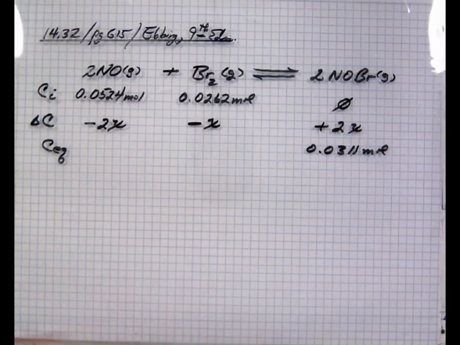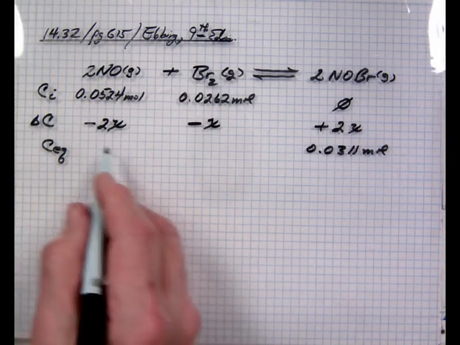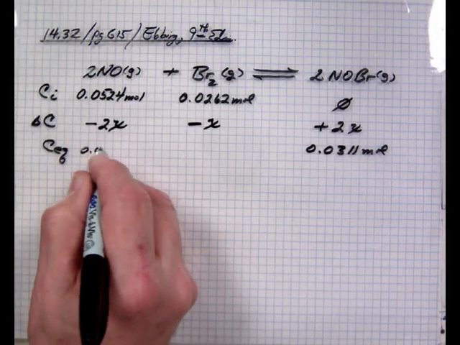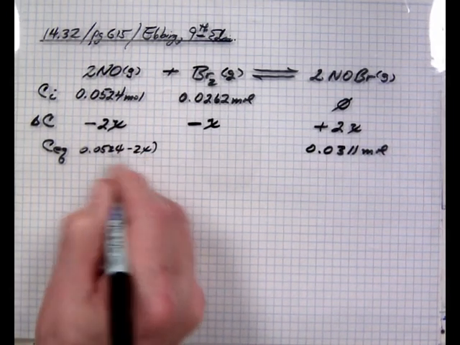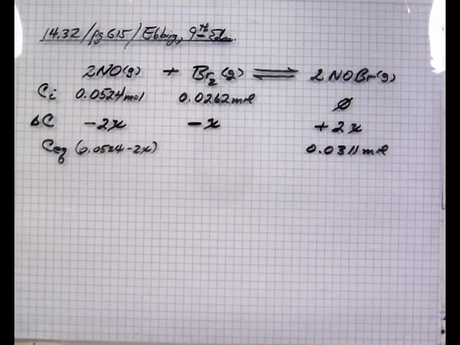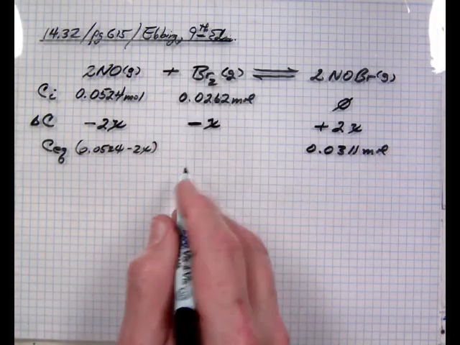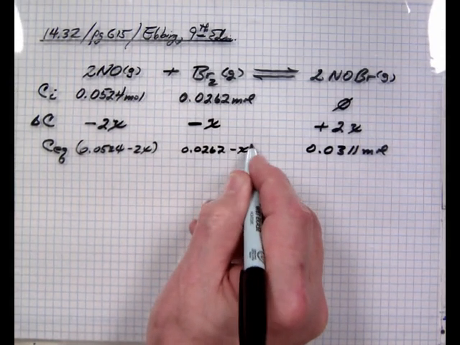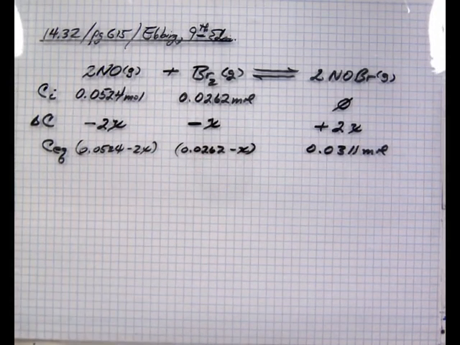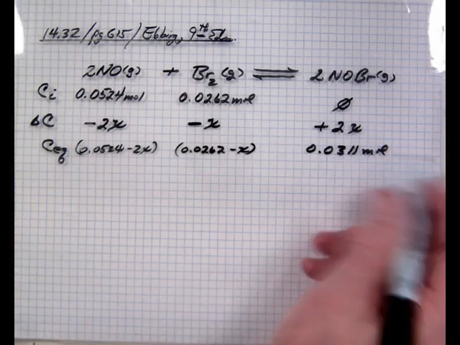At equilibrium, we are looking at 0.0524 minus 2x as the equilibrium concentration of nitrogen monoxide. We're looking at 0.0262 minus x for the equilibrium concentration of bromine, and we've already been given that one.